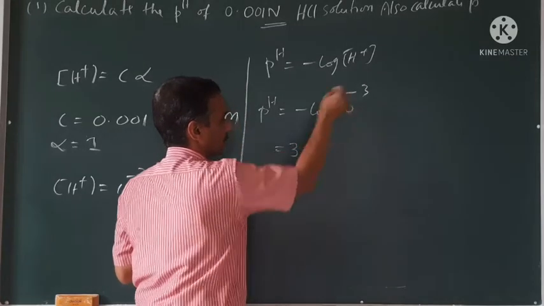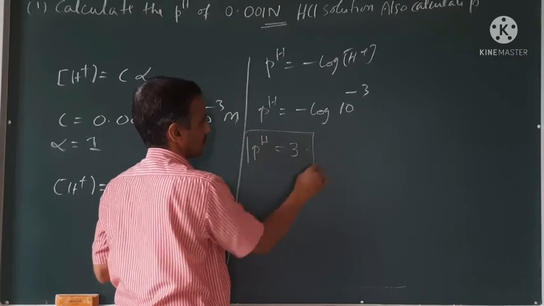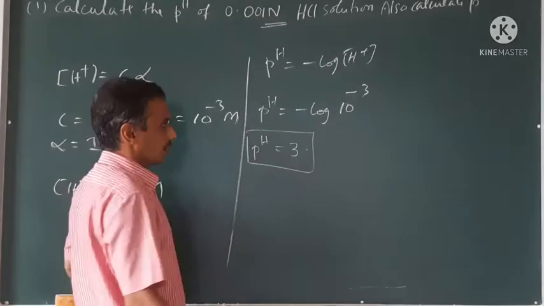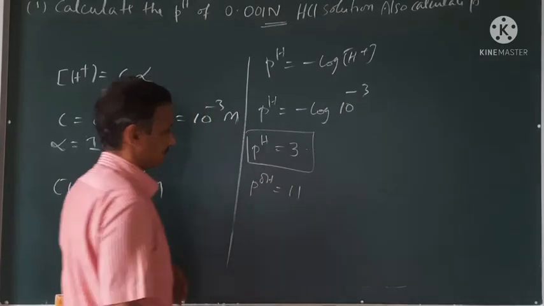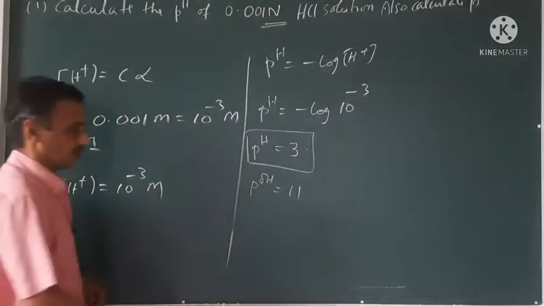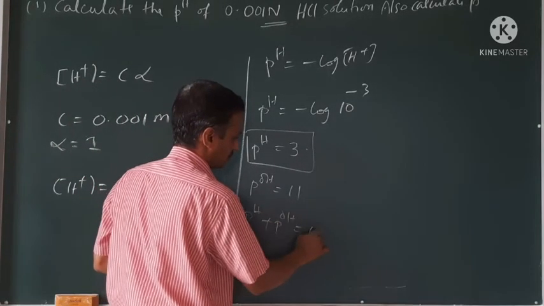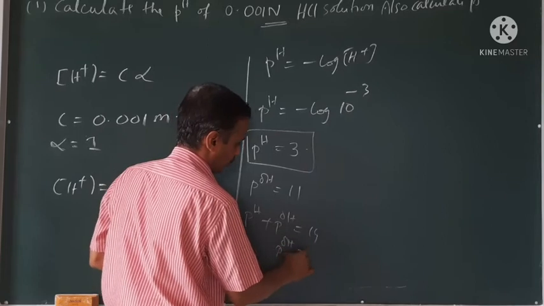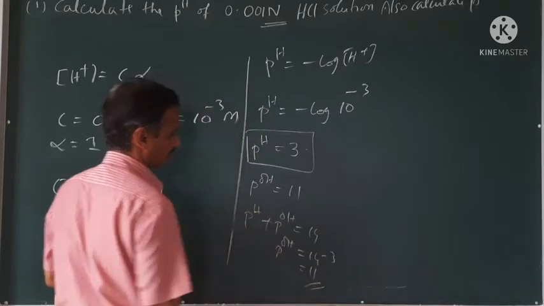No need to mention it. So, pH is 3 only. pOH is 11. How? pH plus pOH is equal to 14. pOH is equal to 14 minus 3, which is equal to 11.